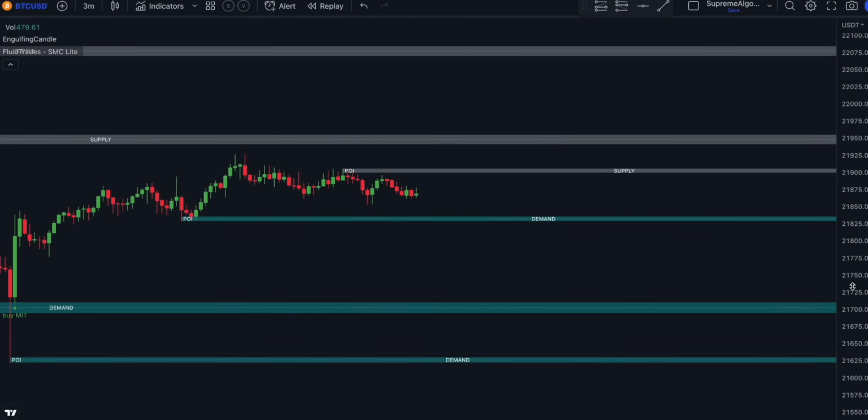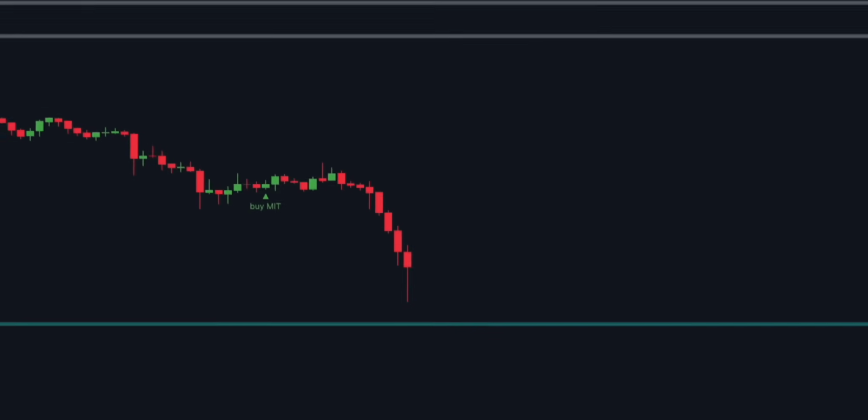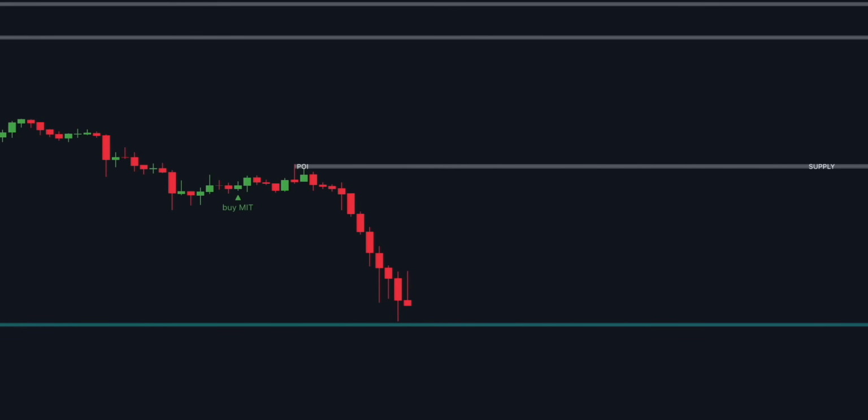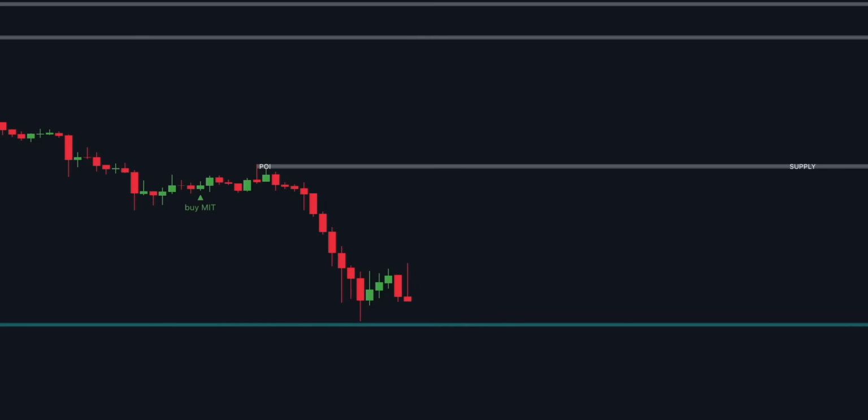When the price reaches these levels, there is a high probability of a reversal occurring. In combination with our smart engulfing candlestick indicator, we can identify when market participants show the most interest in buying and selling the stock.